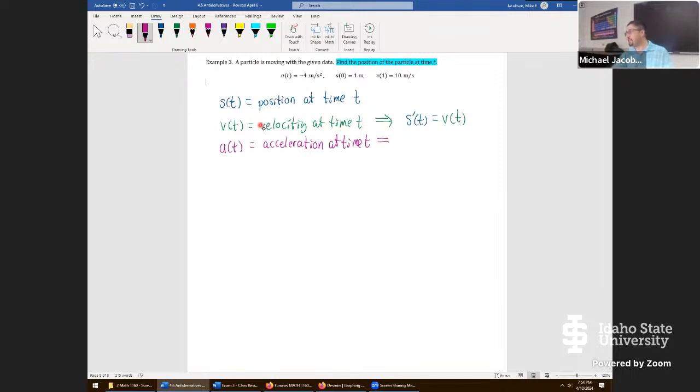But from here, we can say something else as well. This implies if you take velocity and differentiate it, well, acceleration is just the rate of change of velocity, whether you're going faster or slower. So the derivative of velocity is acceleration at time t. So that's kind of interesting.